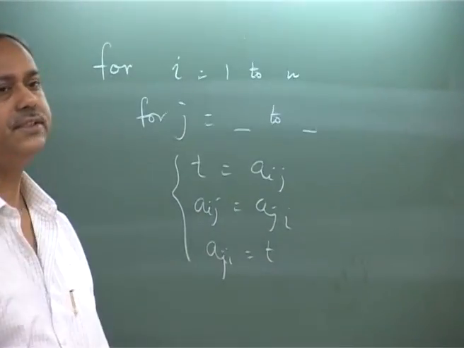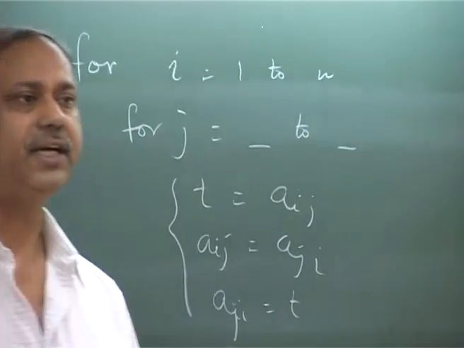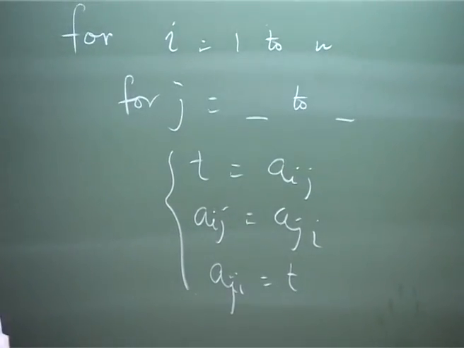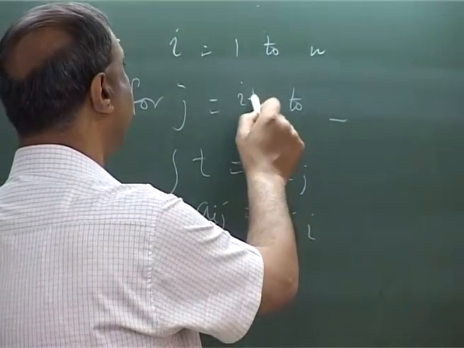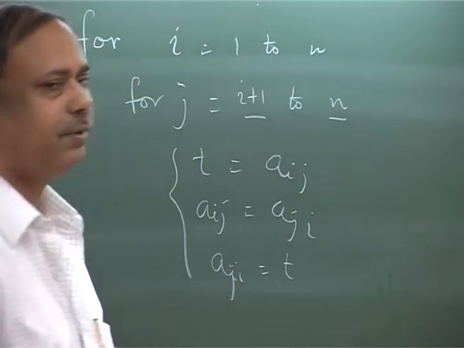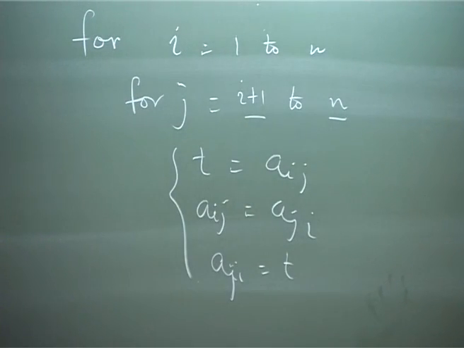These two parameters are important. In general, we make several mistakes in the beginning, but it should be i plus 1 to n or 1 to i minus 1. Right? So this is the transpose.